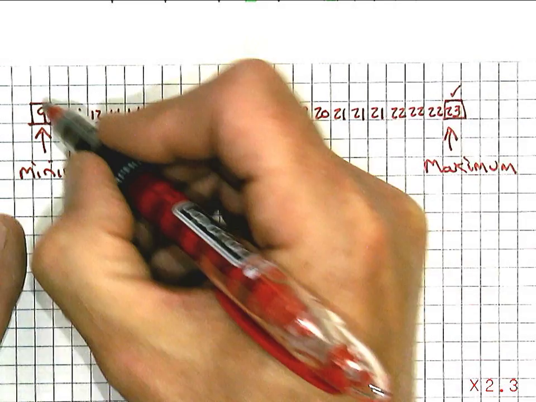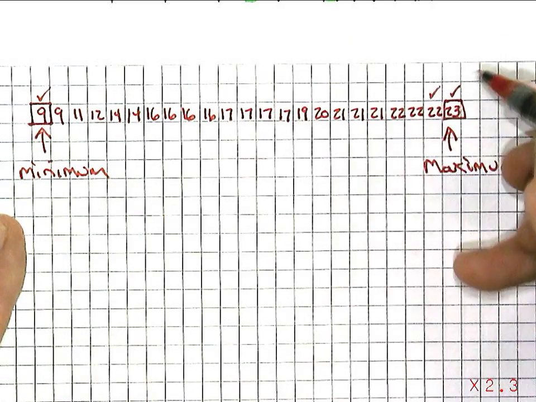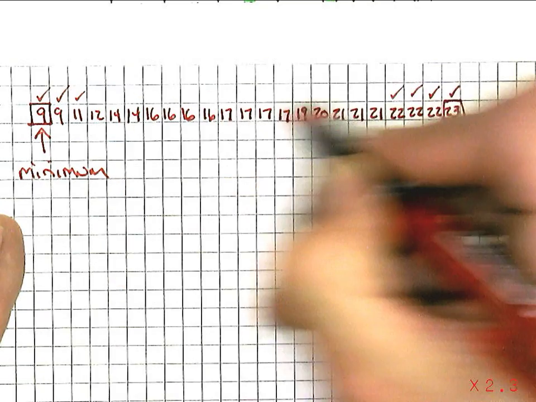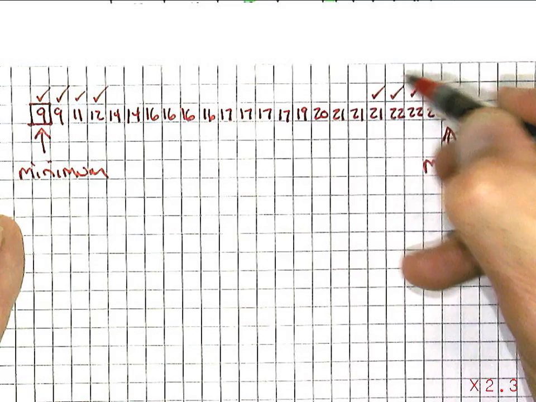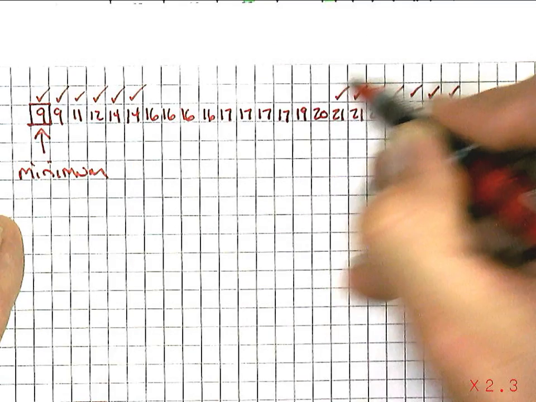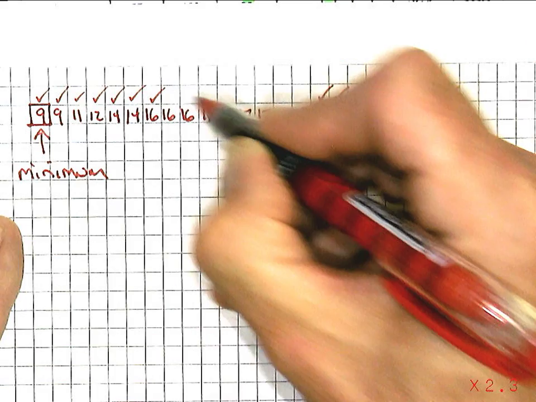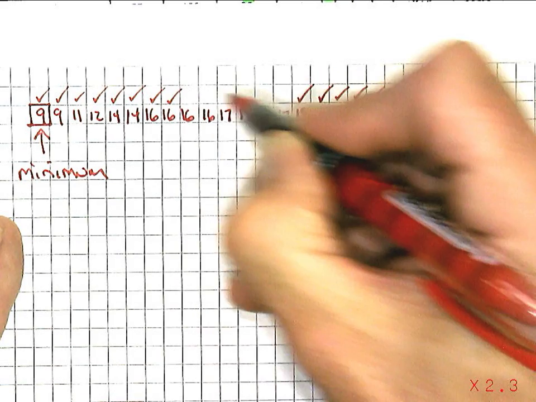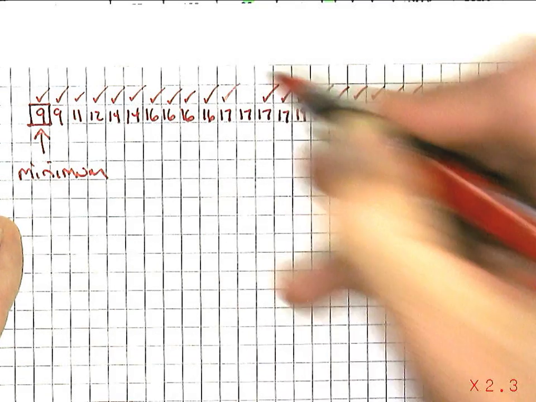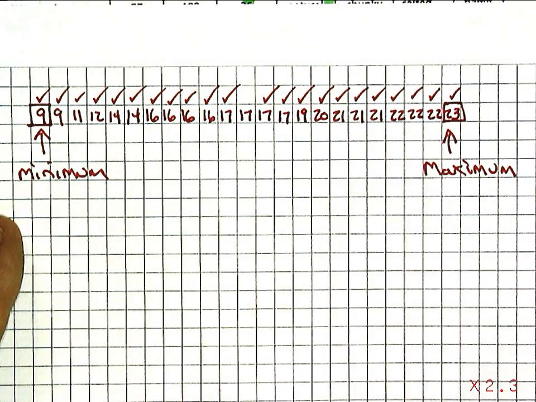So that one and that one. So 1, 2 on each side, 3 on each side, 4 on each side, 5 on each side, 6 on each side, 7, 8, 9, 10, 11. So there's 11 on each side, and there's 1 left in the middle.